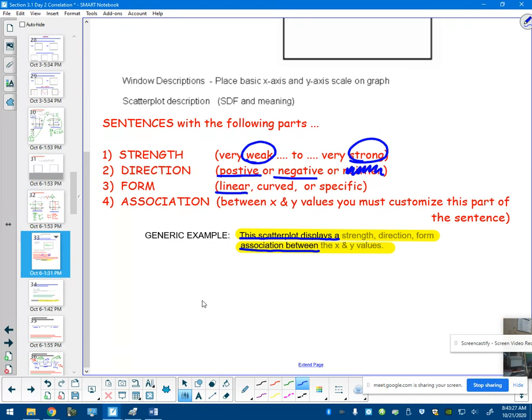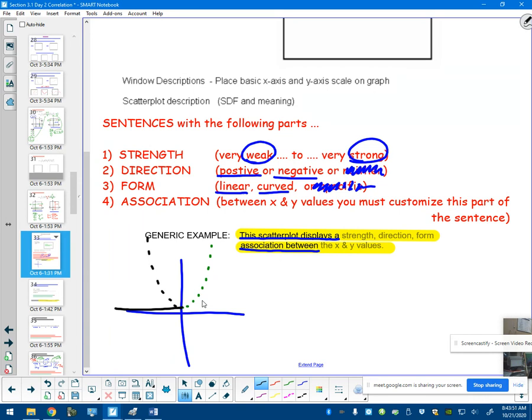Our form is either going to be linear or curved. We're not going to use specific, because if you look at this, if I gave you this, you can't say, well, that's parabolic or that's exponential, because it could be that the other piece that you're missing goes like this, that'd be exponential.